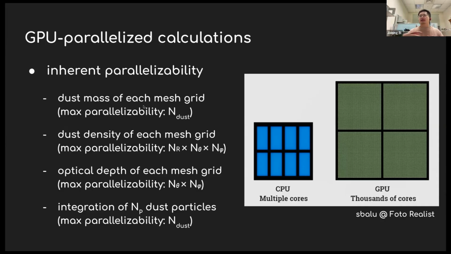But that can be parallelized with an expanding ring from the inner to the outer, so we can still parallelize by the number of cells in the azimuthal direction times the number of cells in the colatitudinal direction. So overall, it means that all the calculations in the model involving dynamics and ray tracing can be highly parallelized. So that is the natural advantage of using GPUs, and it's very, very efficient.